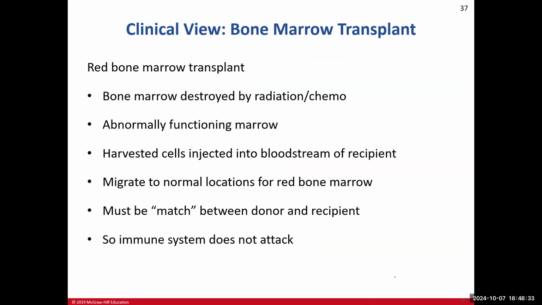Our first clinical view today talks about the red bone marrow transplant. When do you need this? In times in which your red bone marrow is depleted, usually after chemotherapy. With older chemotherapy treatments, some of the medicines didn't discriminate. They would just go after cells that are dividing, because that's what cancer likes to do.